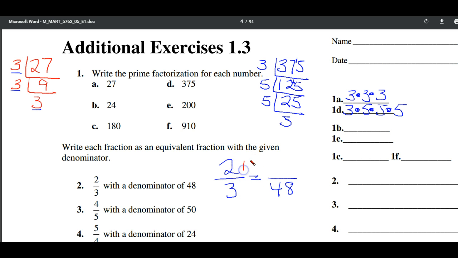And that happens to be 16 over 16. 16 over 16 is a 1. And now 3 times 16 is 48. And 2 times 16 is 32. So there's our new fraction from 2/3 with a denominator of whatever they ask for, in this case 48.